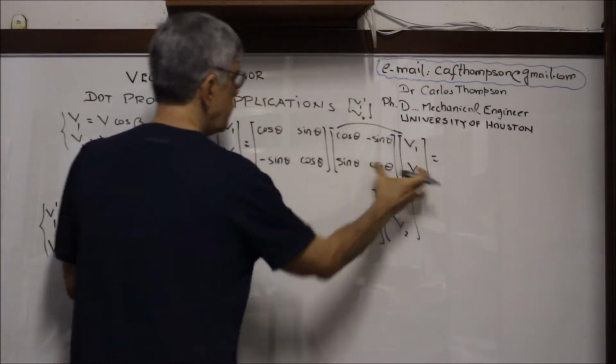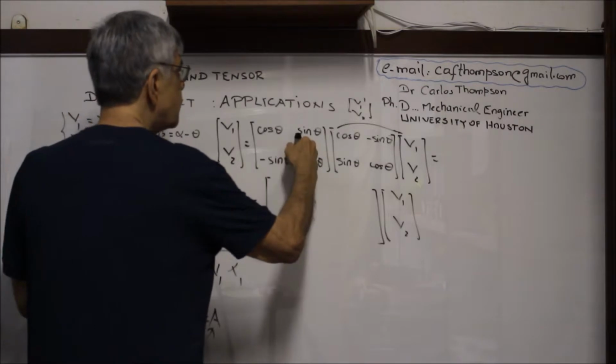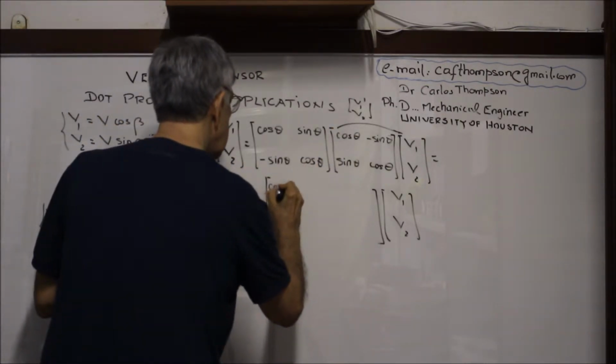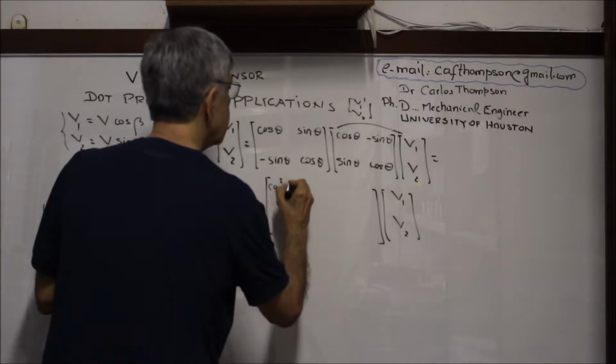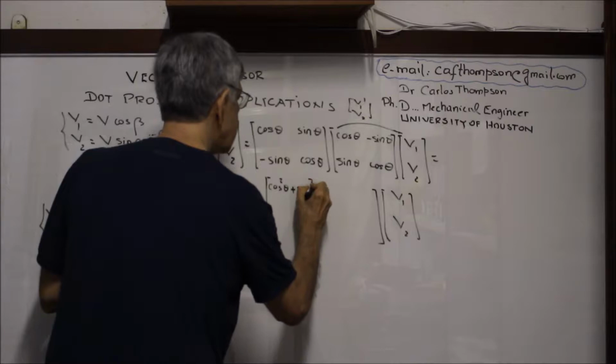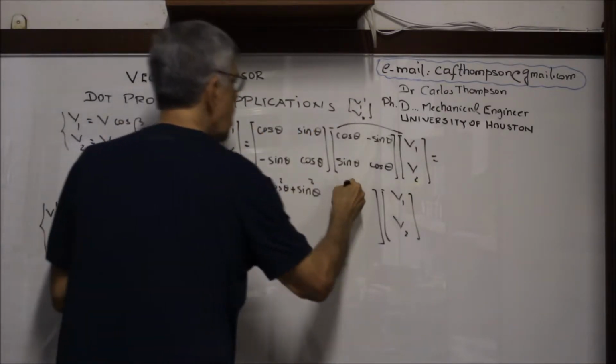This product here, you just substitute, and then let's see, first row, first column, so cosine square of theta plus sine square of theta. This is first row and first column.